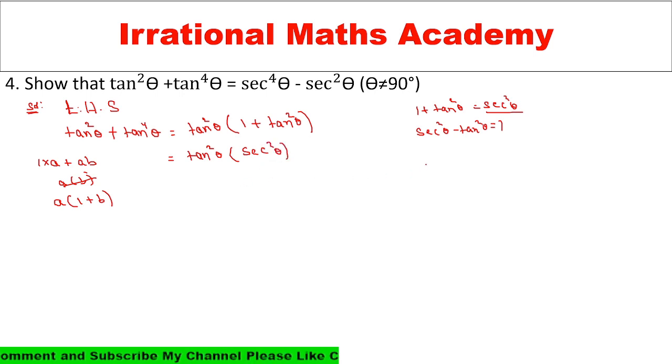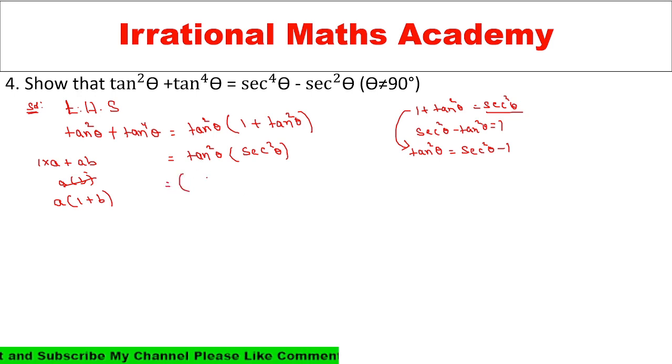Now look at here. Tan square theta is there. I want to convert this also in terms of secant. So tan square theta I can write as secant square theta minus 1. From this identity, 1 plus tan square theta is secant square theta, so tan square theta is nothing but secant square theta minus 1.